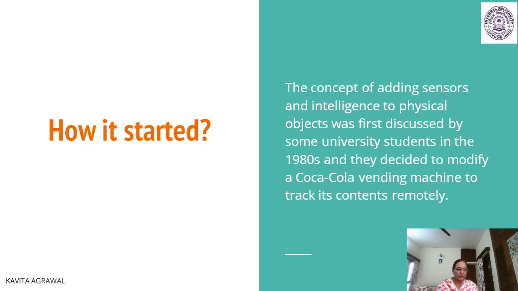So they developed a system which could help them track whether there were cola bottles in the vending machine or not. This was the starting point of Internet of Things. To start with, this was a very expensive and bulky system, but it gave us an idea or a concept which is the major thing now.